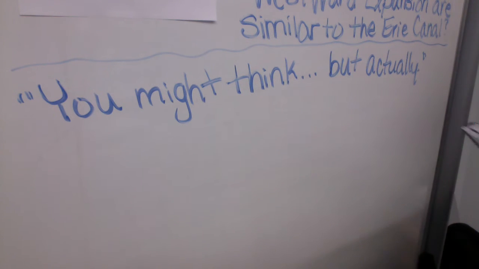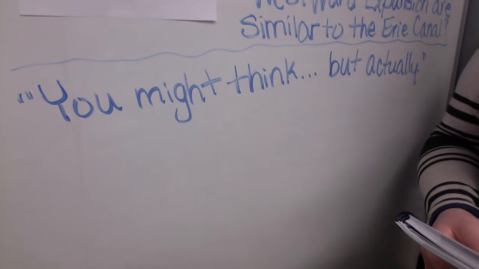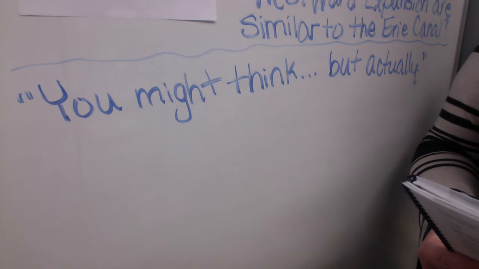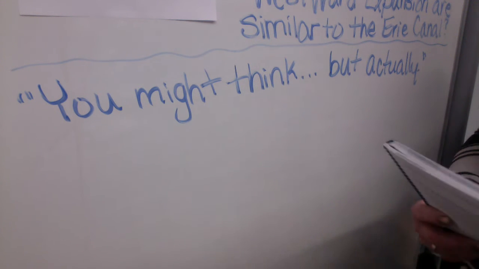So we might say something like, you might think that westward expansion was mostly about people moving west. But actually, it was also about transportation moving west. So did you see how I used that phrase?